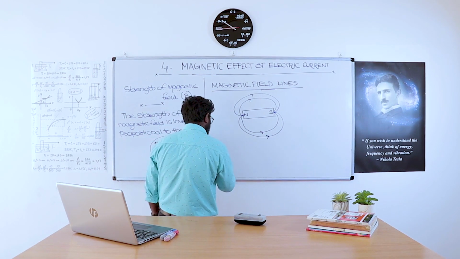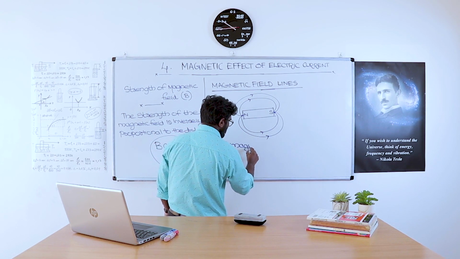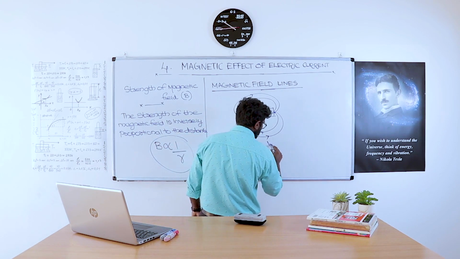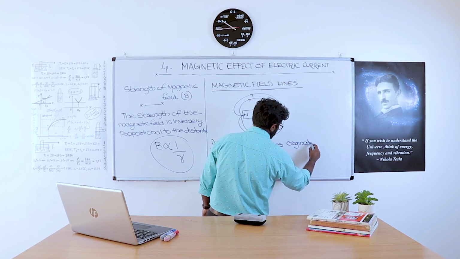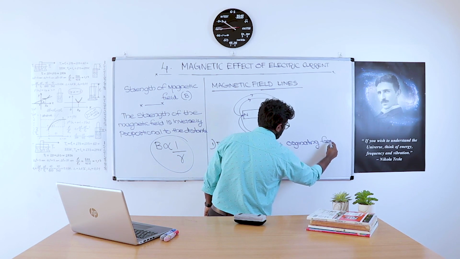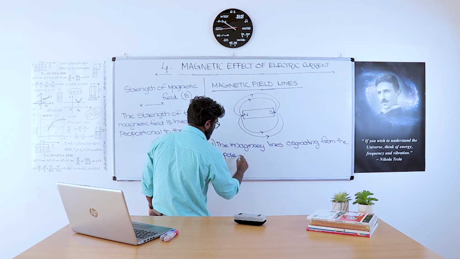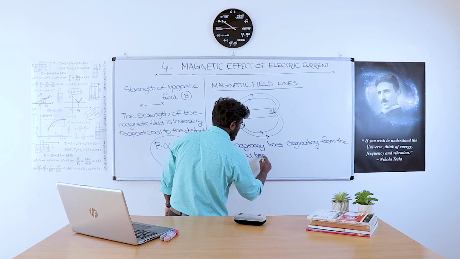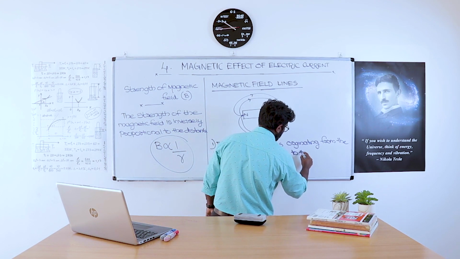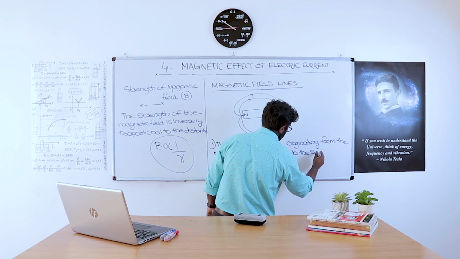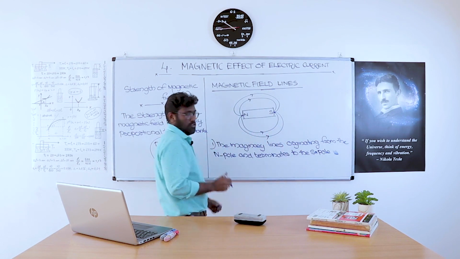The first point related to magnetic field lines is that the imaginary line originating from the north pole and terminating at the south pole is called a magnetic field line.